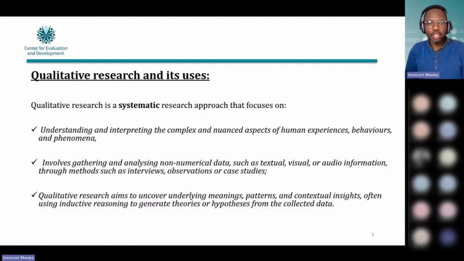So it involves gathering data that is not numerical. So we might not talk about percentages, like it might be done in quantitative data, but we'll look at, let's say, different narratives, some textual, some visual, and some audio information that we then analyze.